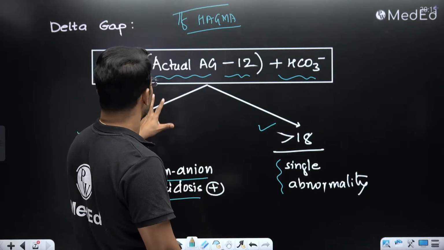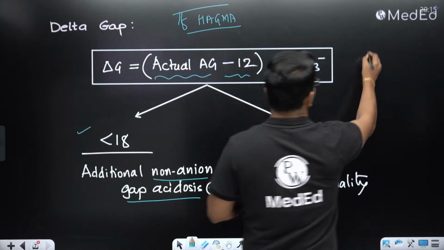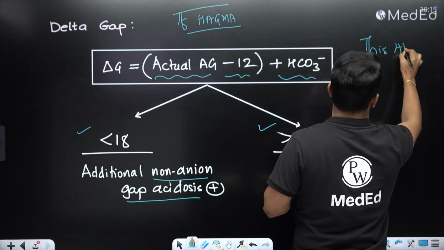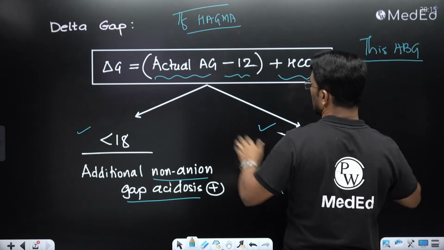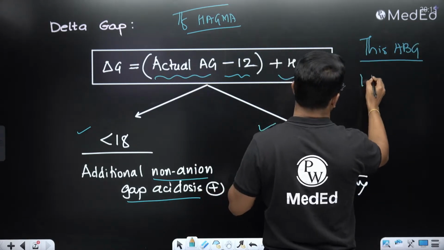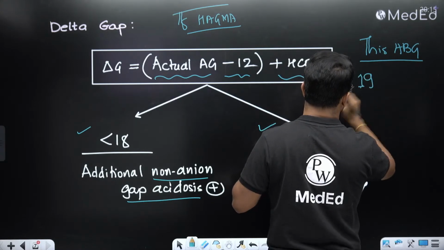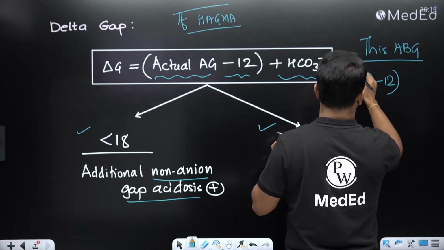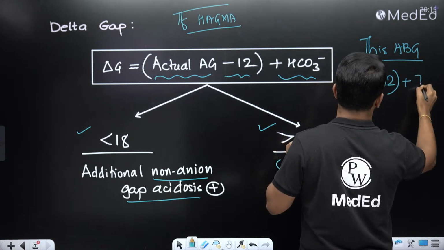So in this case, what is the actual anion gap? In this ABG that we are talking about, let us apply this formula. The actual anion gap of the patient was 19, if I remember correctly. Minus 12, plus bicarbonate was 7.